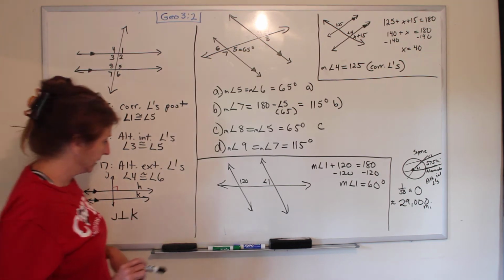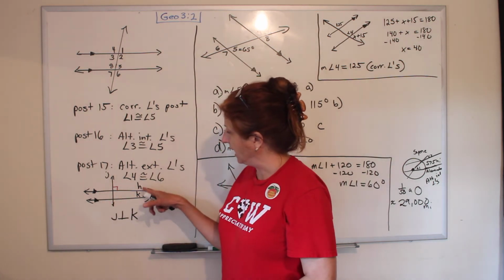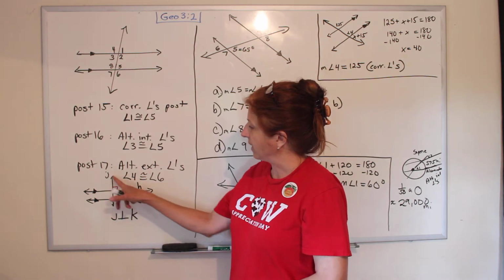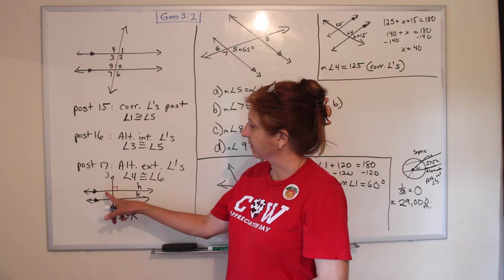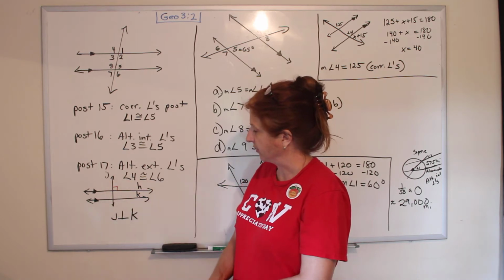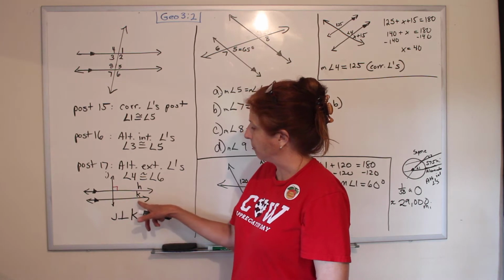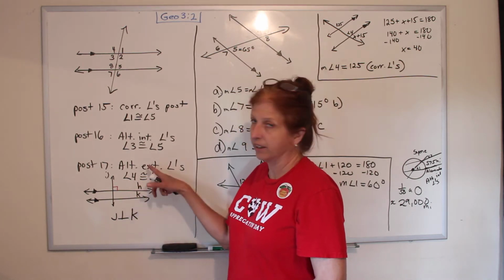Okay, the next one is, if you have two lines that are parallel, H and K are parallel, and one of them is at right angles to a transversal. That means this is 90 degrees, that's 90 degrees, that's 90 degrees, that's 90 degrees. Then our transversal will also be perpendicular to the line that is parallel to it.